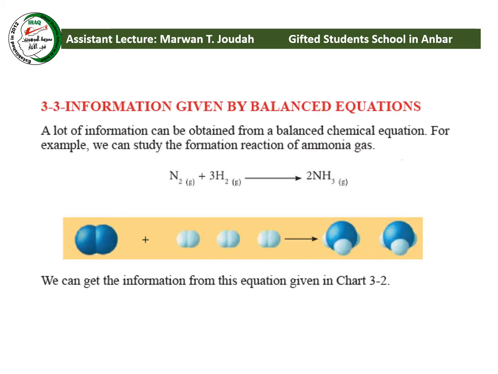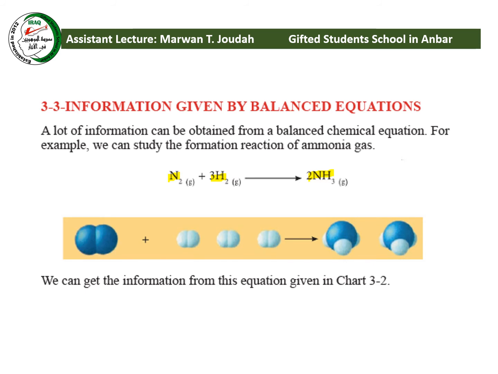Let's consider this reaction: the formation of ammonia, like the Haber process. If we want to form NH3, we will be reacting nitrogen gas with hydrogen gas to get NH3, the ammonia. Now let's see what we can get out of this reaction.